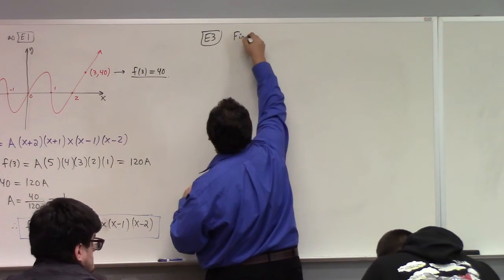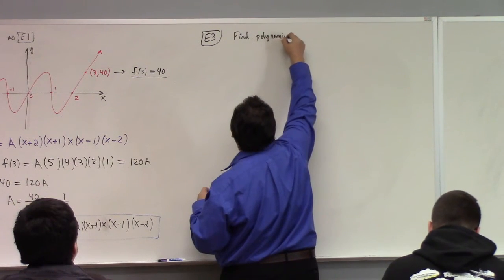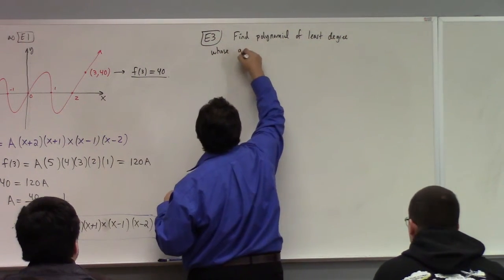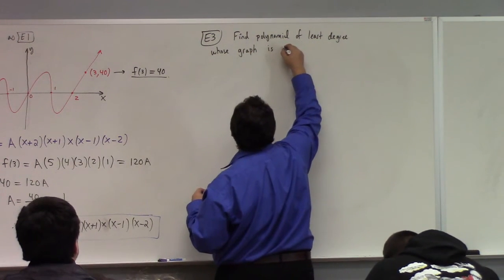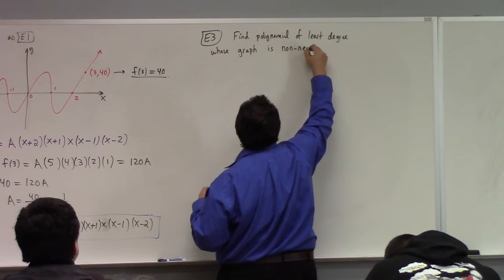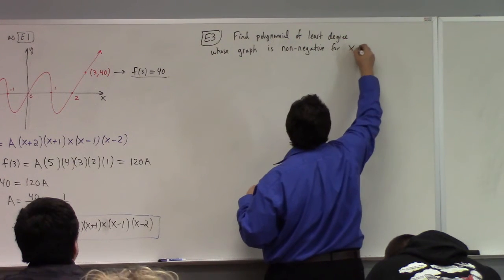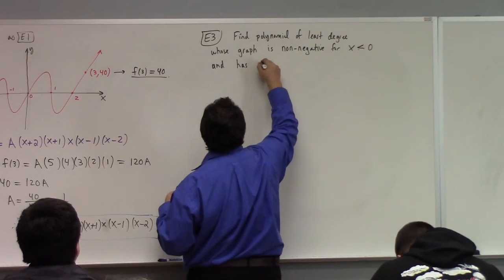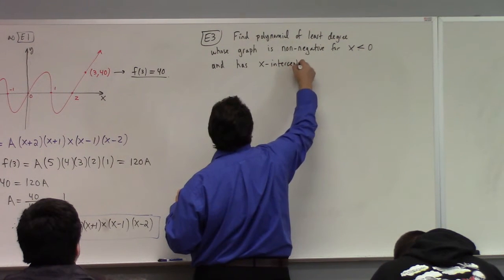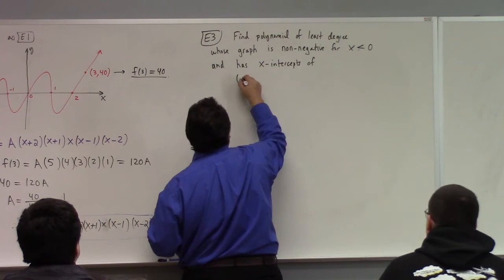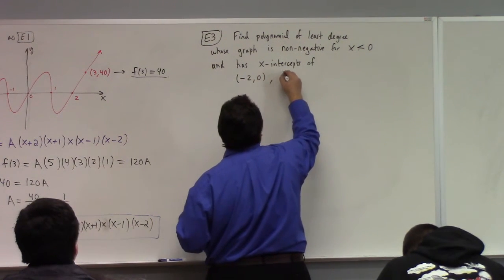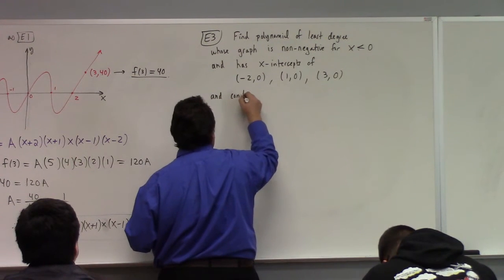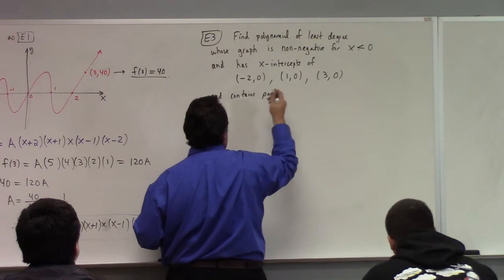Example 3: find a polynomial of least degree whose graph is non-negative for x less than 0 and has x-intercepts of, let's say, -2, 0, 1, 0, 3, 0, and contains the point (4, 5).